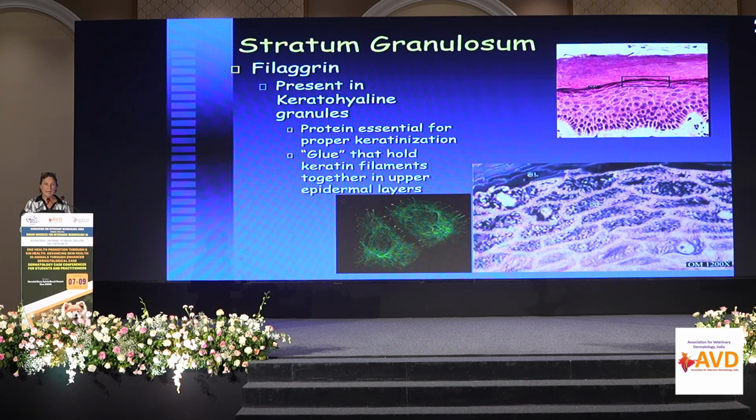But think of filaggrin as a glue that holds all the keratin filaments together. Filaggrin is present in the keratohyalin granules, which are the blue granules here. And so it plays a role at this level onward. Okay, so the juncture with the stratum corneum. Very important protein.